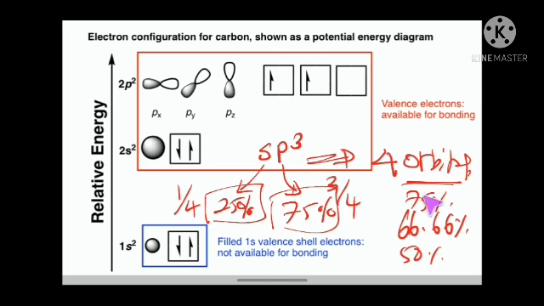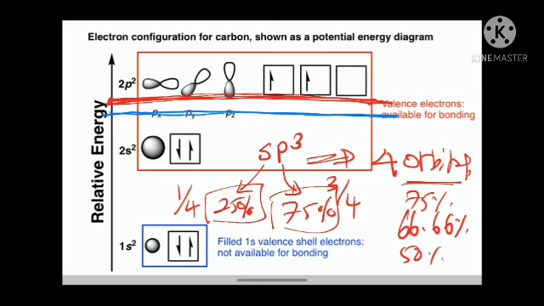So this energy level is higher compared to these sp2 and sp orbitals. So this must be somewhere here. This is the energy level of the sp3 orbital, this is the energy level of the sp2 orbital, and this is the energy level of the sp orbital, somewhere here.